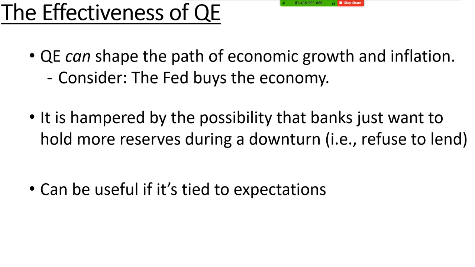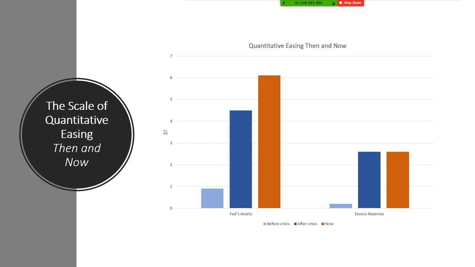Okay. So in this graph here, to give you a sense of the difference in the Fed's assets and reserves, I know we talked a little bit about the change in the Fed's balance sheet over time last class when we reviewed the data exploration exercises, but I've just plotted it here for you again. So for instance, here in the light blue, we have the Fed's assets before the crisis and after, and the y-axis is in trillions of dollars.